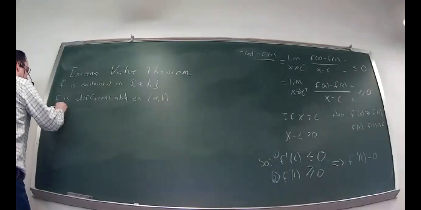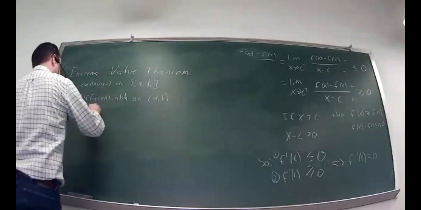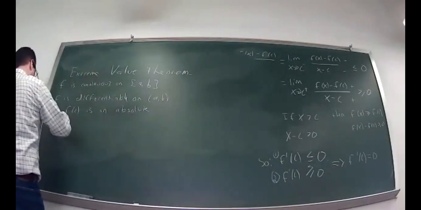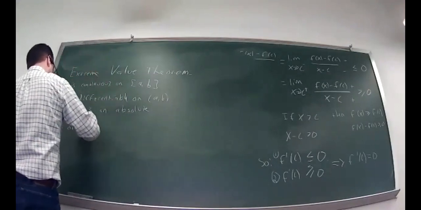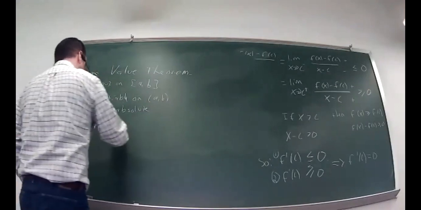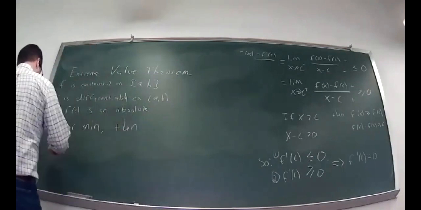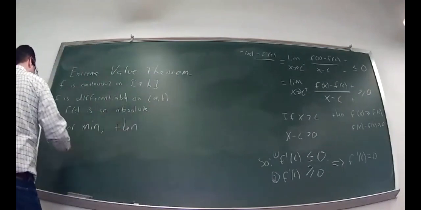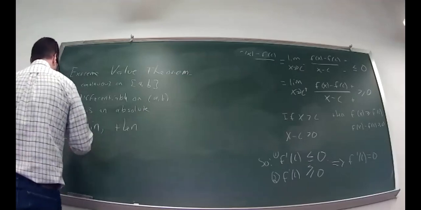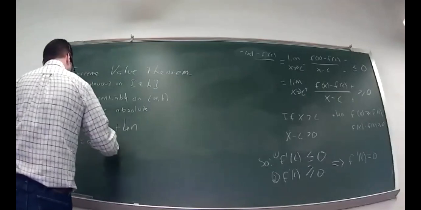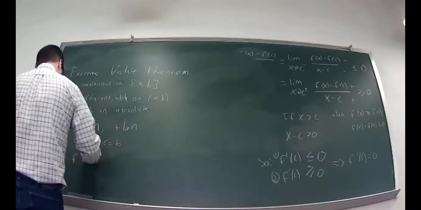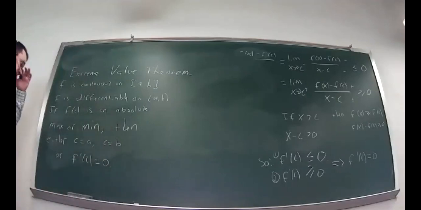I'll say that if f of c is an absolute max or min, in other words, if f of c is an extreme value, then this value must occur at an endpoint or at a critical point. That is to say, either c is equal to a, c is equal to b, or f prime of c is equal to 0.